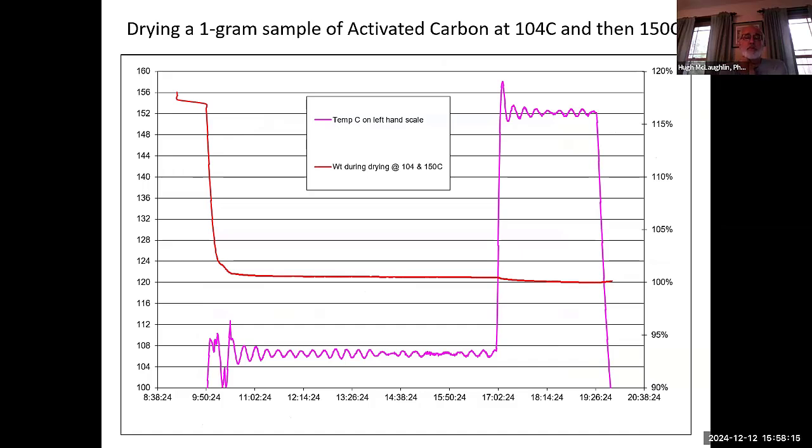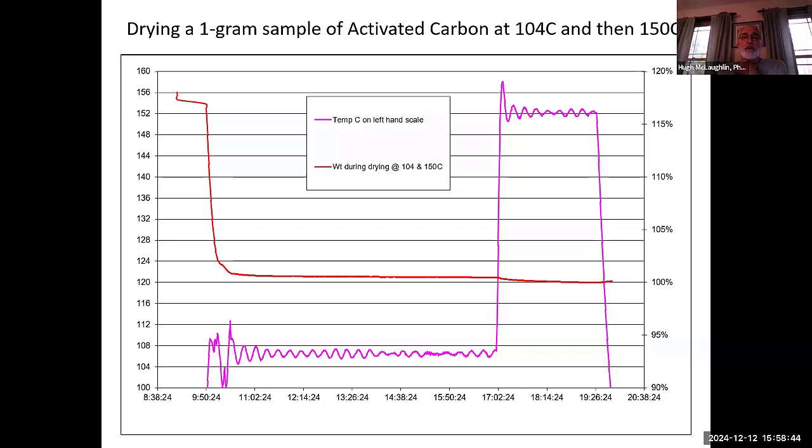This is an example of what the instrument sees when it dries a 1 gram sample of that biochar. Well, actually, this is probably an activated carbon, because we use that as a calibrating standard. But you can see that at 100 degrees C, it comes down in weight quite quickly, but it leaves a heel for a very long time.